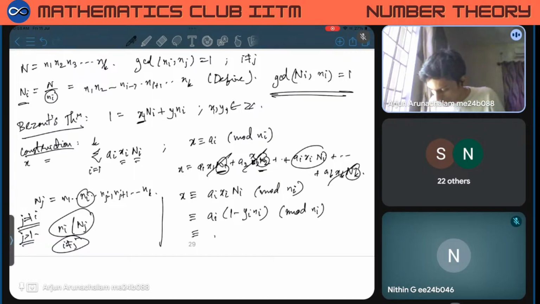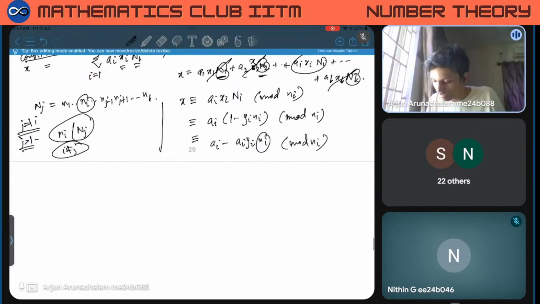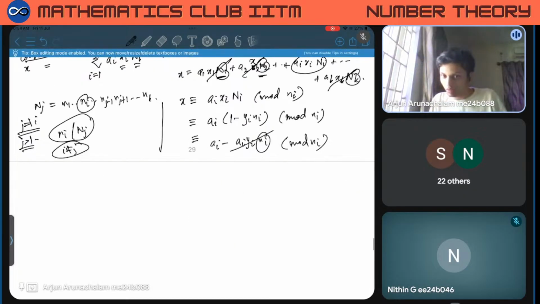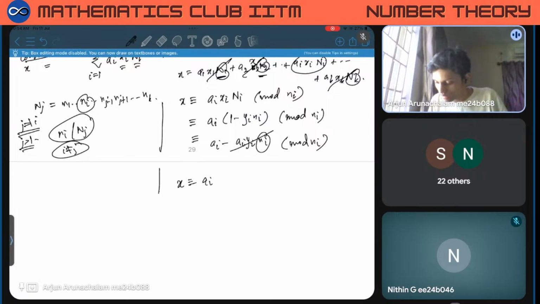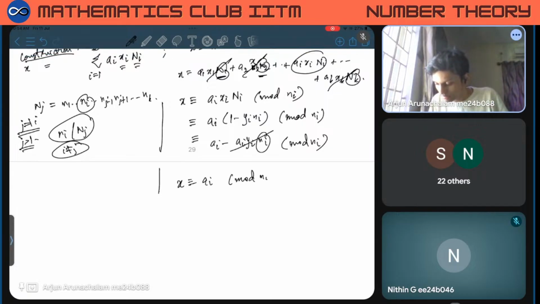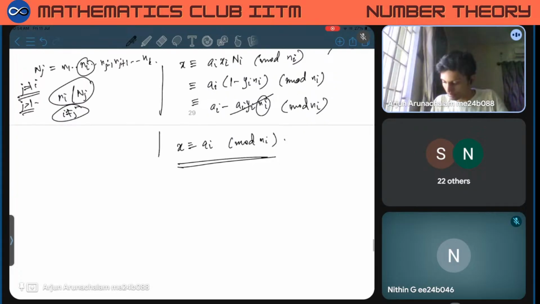This will be equivalent to ai minus ai yi ni mod ni. Again, note that you have ni here, so this essentially is congruent to 0 mod ni. So you get x is congruent to ai mod ni. So this is in fact a very valid construction for the Chinese remainder theorem, right?